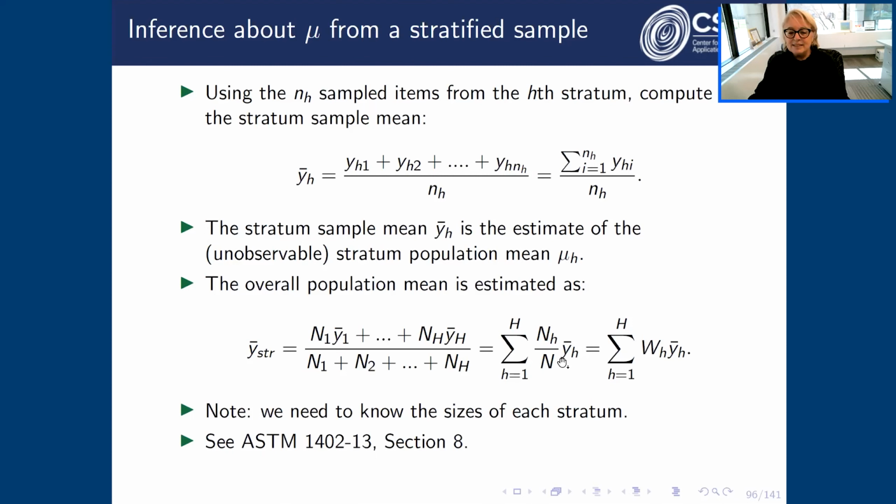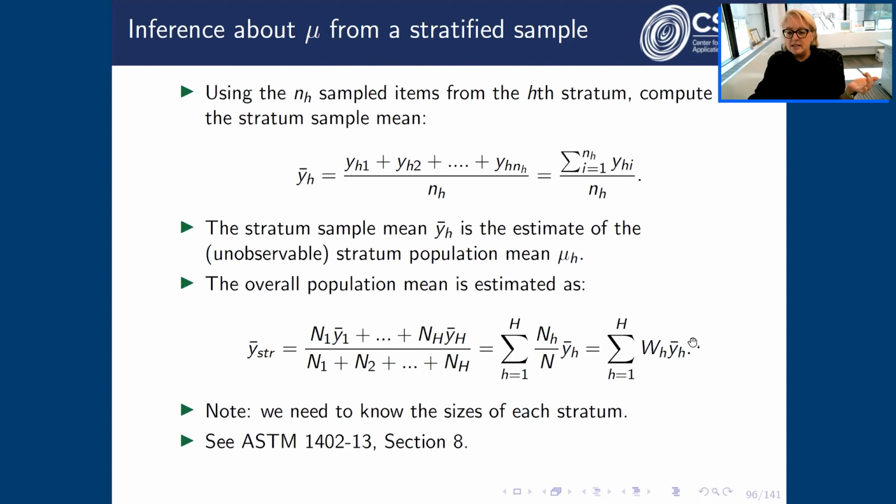And this is implicitly assuming a proportional to size allocation. Remember we talked about how we allocate the total sample size to the different strata, and we said a common approach is to use proportional to size allocation. The only thing I did here to simplify the notation a little is I took this N_h divided by N and called that W_h, just to show that this is actually a weighted average.